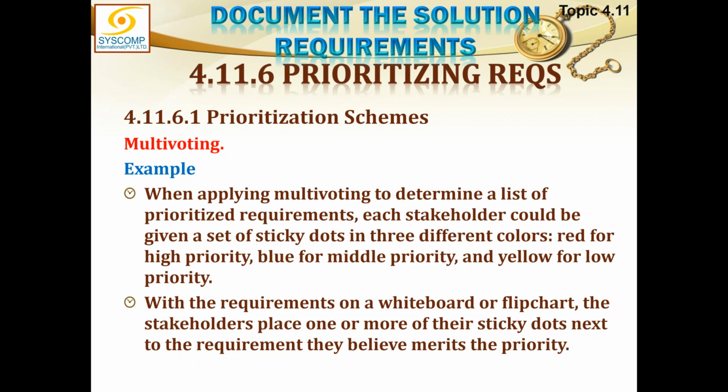An example is when applying multi-voting to determine a list of prioritized requirements, each stakeholder could be given a set of sticky notes or sticky dots in three different colors: red for high priority, blue for middle priority, and yellow for low priority. With the requirements on a whiteboard or flip chart, the stakeholder places one or more of their sticky dots next to the requirement they believe merits the priority.